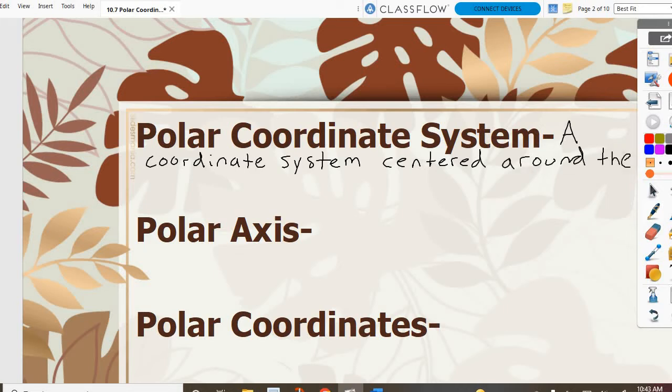So it is a coordinate system centered around the pole, which is at 0, 0. Instead of calling it the origin, we're going to call it the pole.